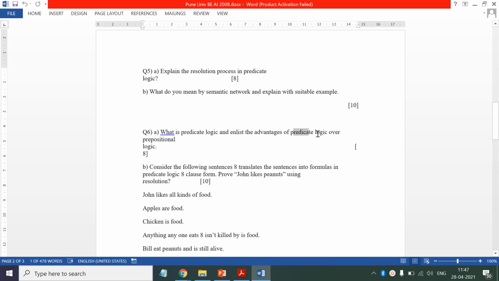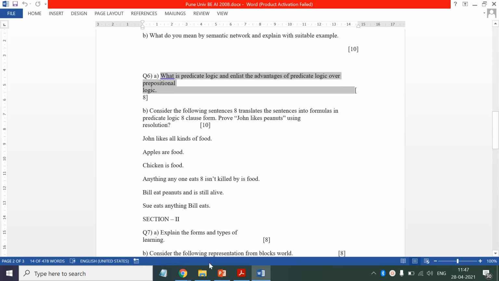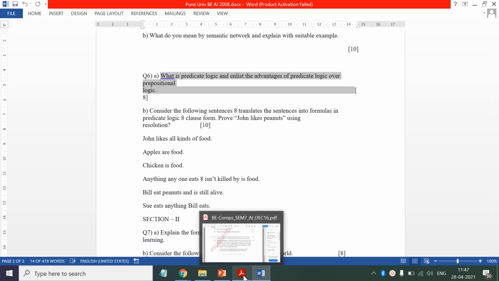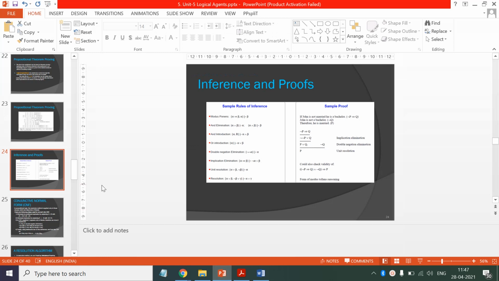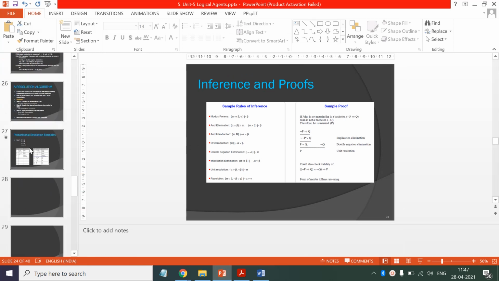In predicate logic, you are going to see some operators like for all, for some, the existential operator. Using those you can represent such statements. We will see this later on. This kind of question is asked based on propositional logic. So we'll resume our chapter.